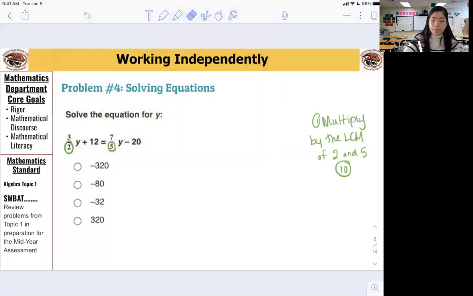Ms. Lopez, can it also be the least common denominator? They're the same thing. LCM, same thing as LCD, least common denominator, because that's exactly what you're doing. You're creating the same denominator, and then it cancels out. So good point. So here we go. 10 times 3/2 y.